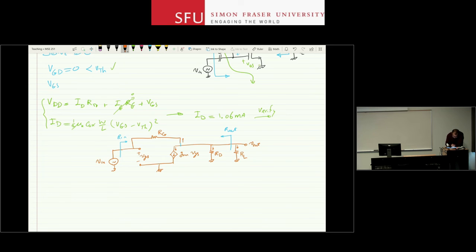So V out over RL plus V out over RD plus gm VGS plus this current, V out minus V in divided by RG, is 0.